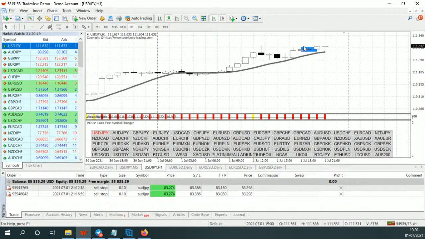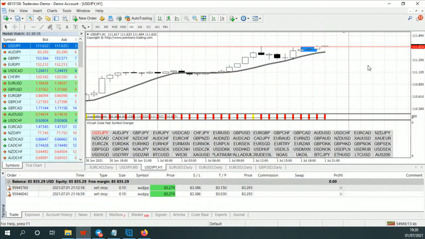Instead of setting a buy stop, there's no need anymore because we're already there. This is where we're supposed to put our buy stop, but the price is already trading at that point, so it means that we are ready to go.